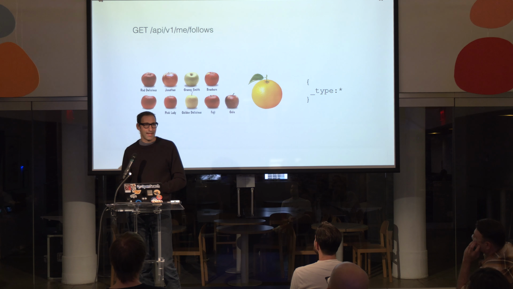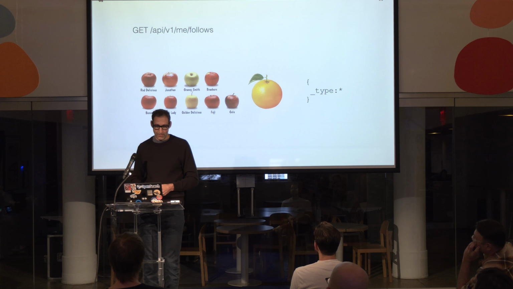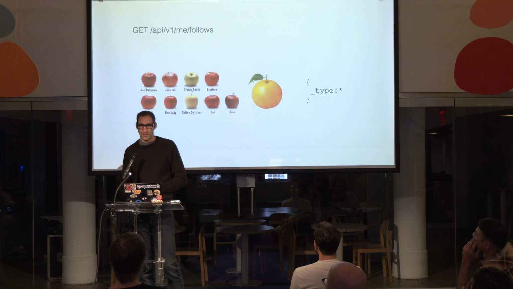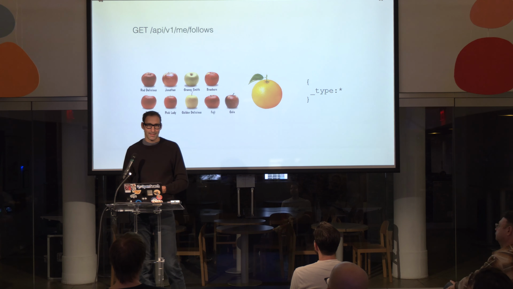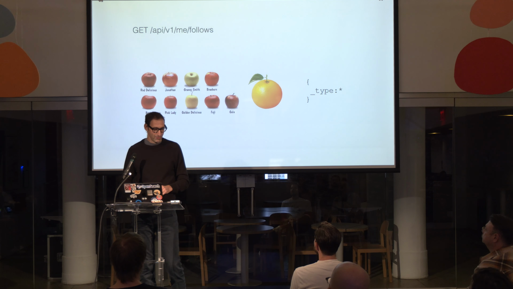We said, let's just add type into the response object, and then we'll return apples and oranges in the same response. And that created even more mess because existing clients didn't know how to deal with that. Suddenly your mobile client is trying to render an artist that you follow, but it's actually a gallery, and so it doesn't have the same fields. So don't do that.